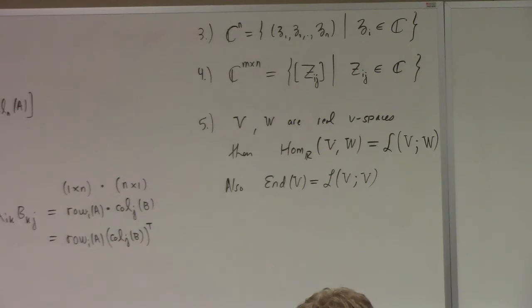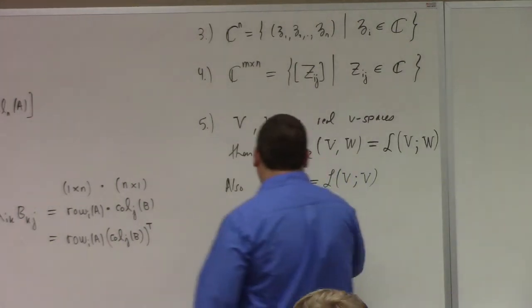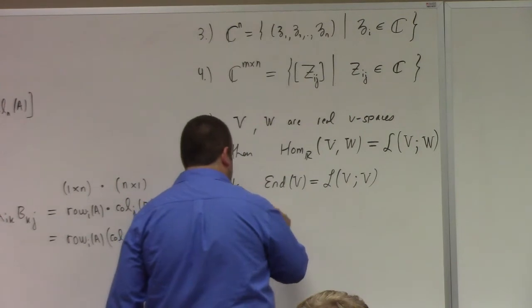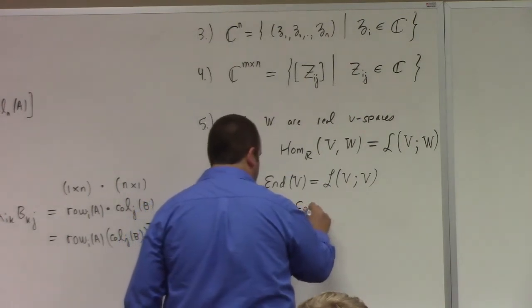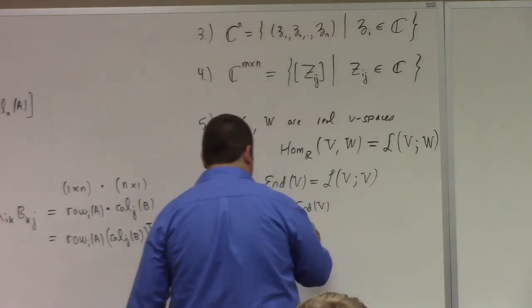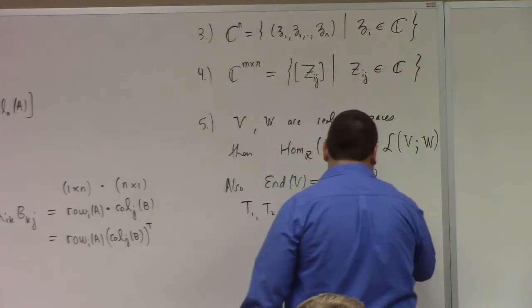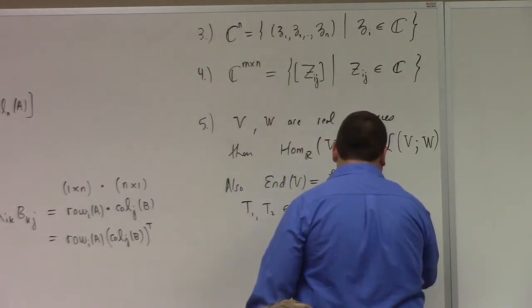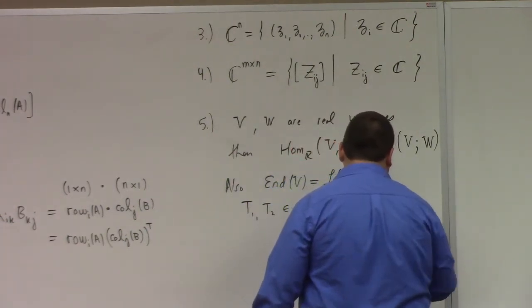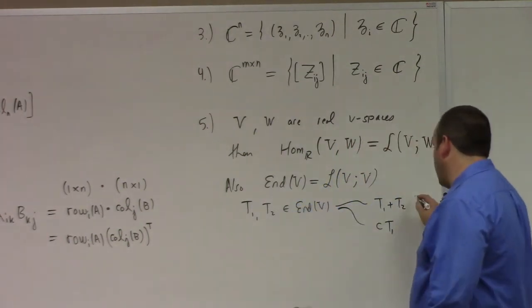So if I take two linear transformations from V to V and I compose these endomorphisms, as they're called, I get yet another endomorphism, right? So if I have T1 and T2 in the endomorphisms of V, I have the following nice things. I have T1 plus T2 is defined. I have that c times T1 is again an endomorphism, right?